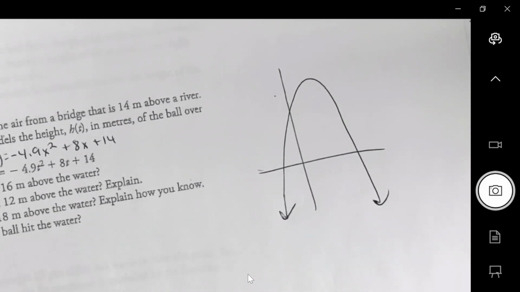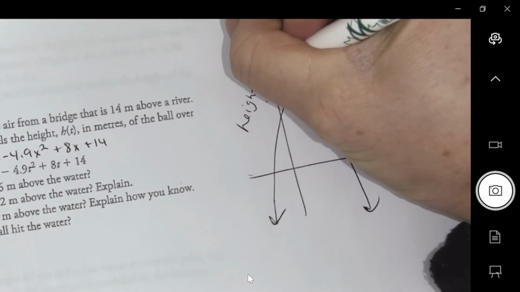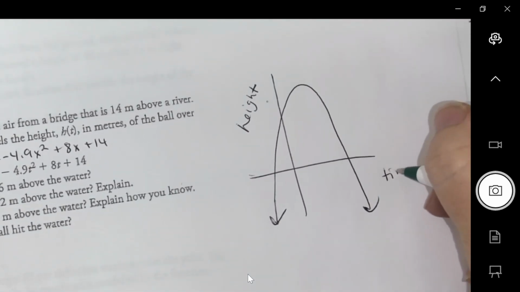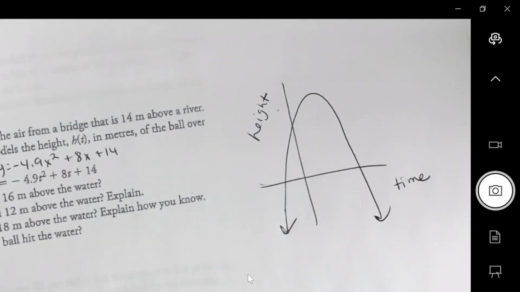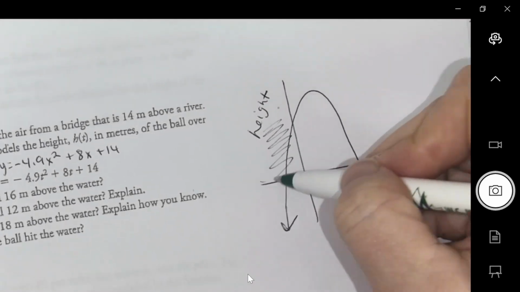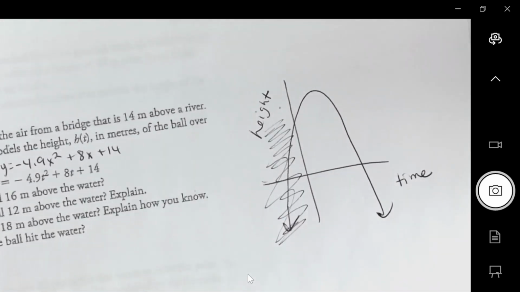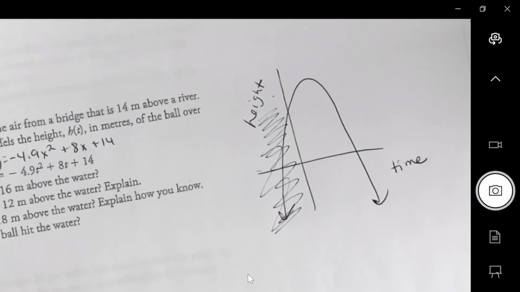And we have height as a variable and time again, the time and the height of the ball. I'm going to understand that that part of my function is not working because it's a negative time.